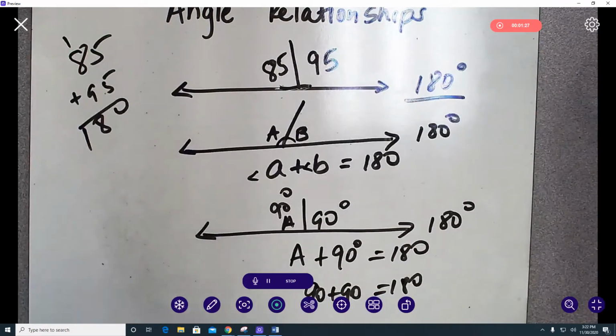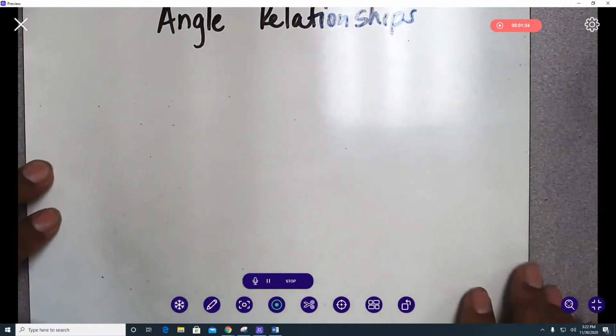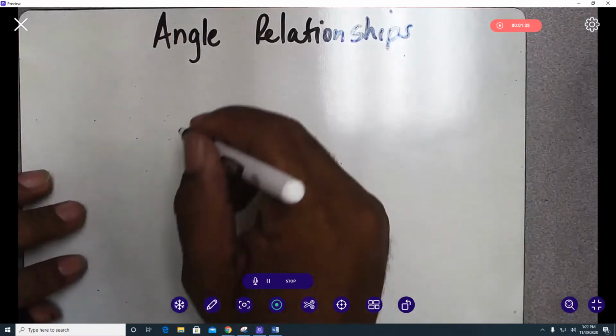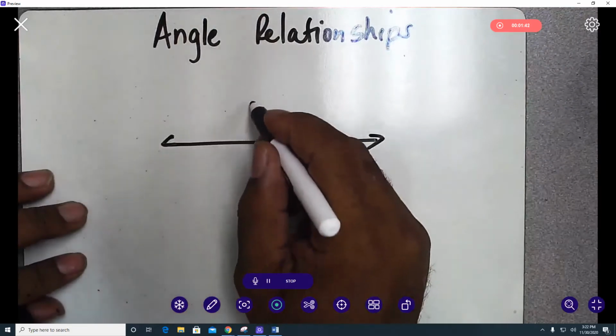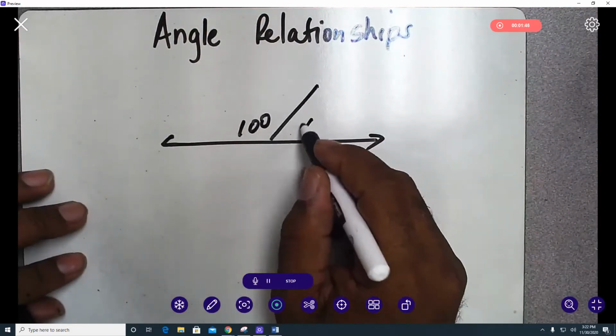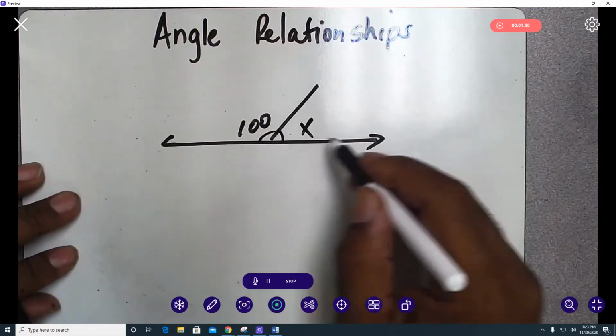Now that's with angles. But instead of using a question mark or A's and B's, let's use a variable instead. Let's say we have a straight line and one of the angles is equal to 100 degrees, and we want to know what this angle is.